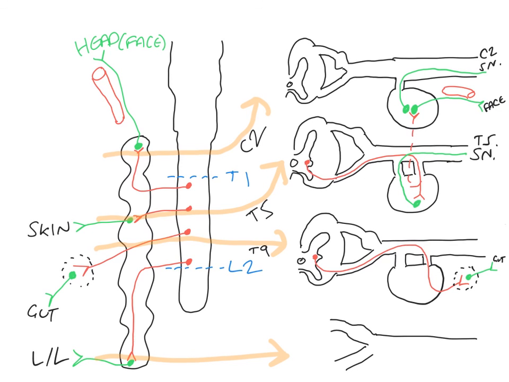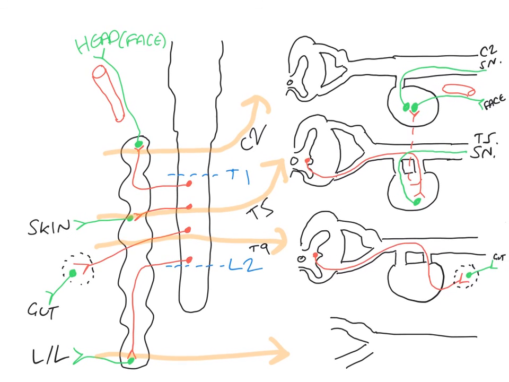And down at this level there is no white ramus because we are way below the level at which the sympathetic preganglionics are found, but there is a grey ramus. So there is a grey ramus, but there is no white ramus coming down off of the spinal nerve because the sympathetic preganglionics have all run out at this low level.